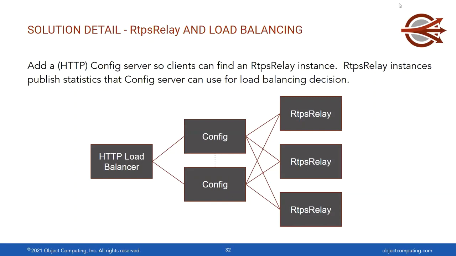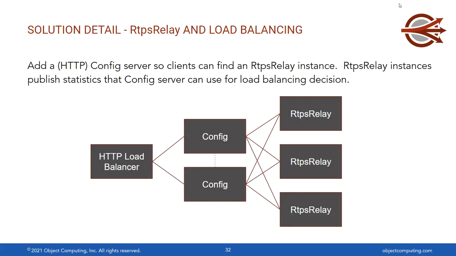And the point of the config load balancer, let me back up. First of all, it's an HTTP server. It interacts with all the relays so that when a new client wants to connect to a relay, it can pass on the connection information for that particular relay.